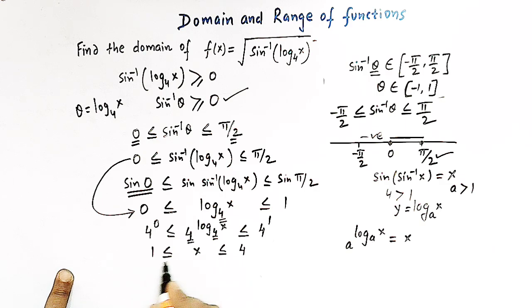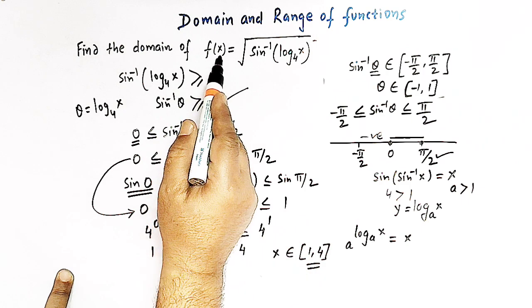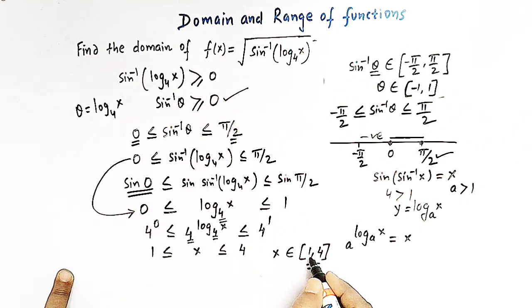So x has values belonging to the interval 1 to 4, right? So the domain of this function is given by x belonging to the closed interval 1 to 4.